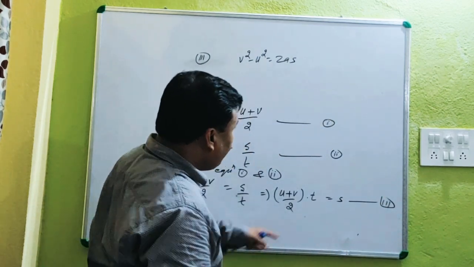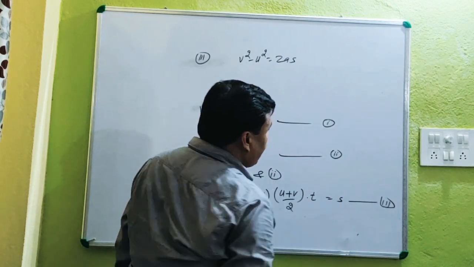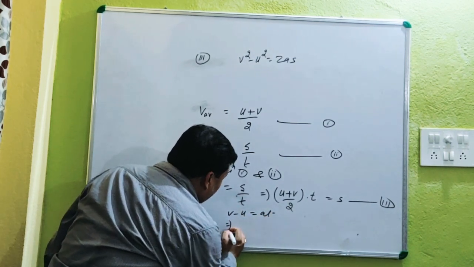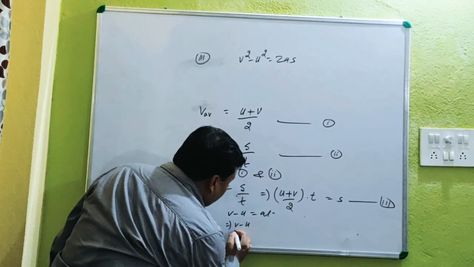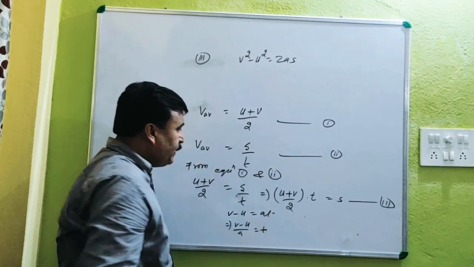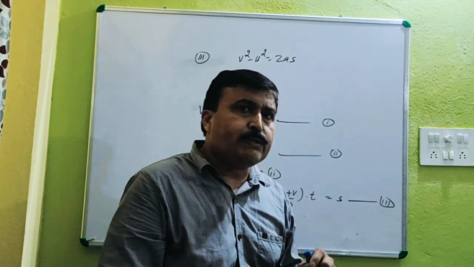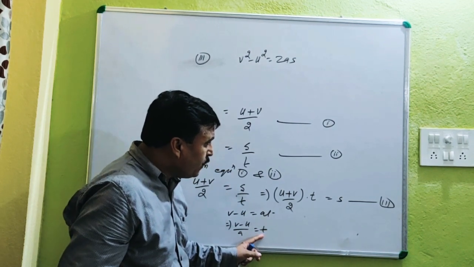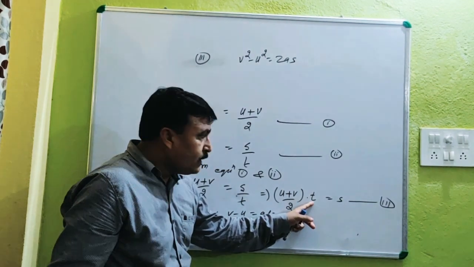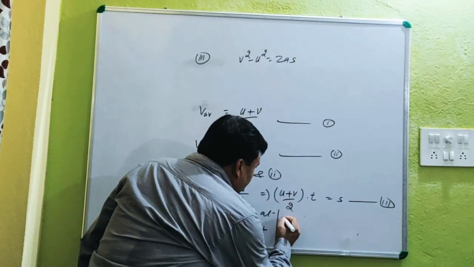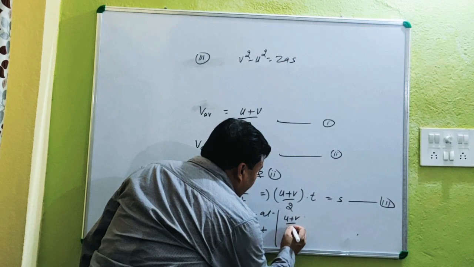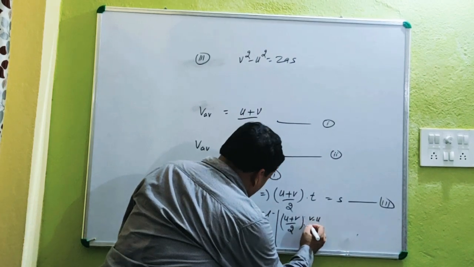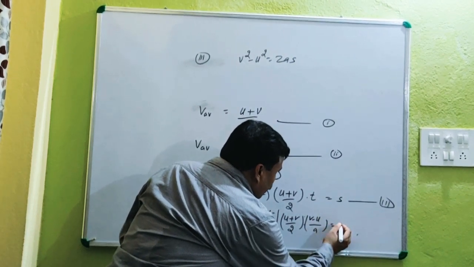From the first equation of motion, we put v minus u equal to at, or (v minus u) by a equal to t. Means from the first equation of motion we calculate the value of t, and this value will be put here, and we will get (u plus v) by 2 into (v minus u) by a equal to s.